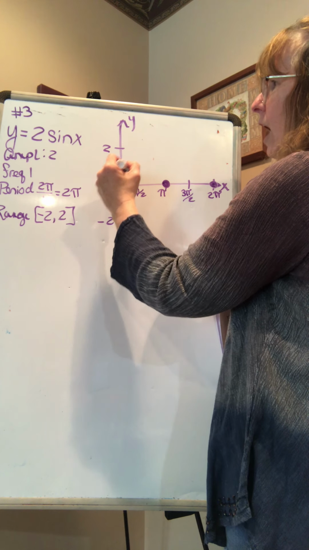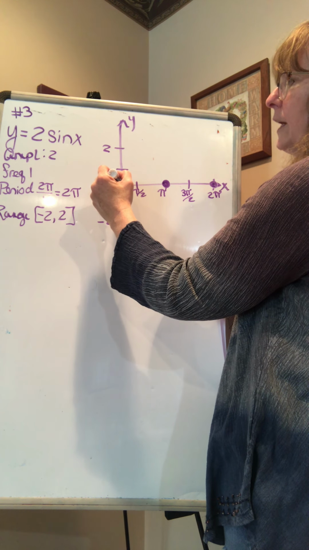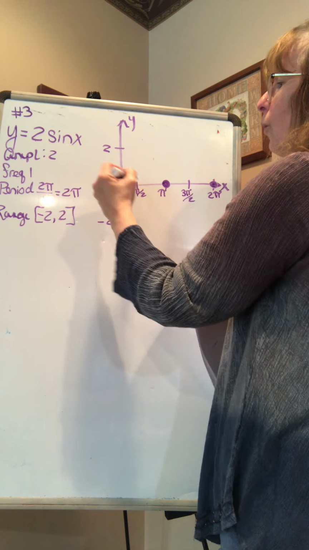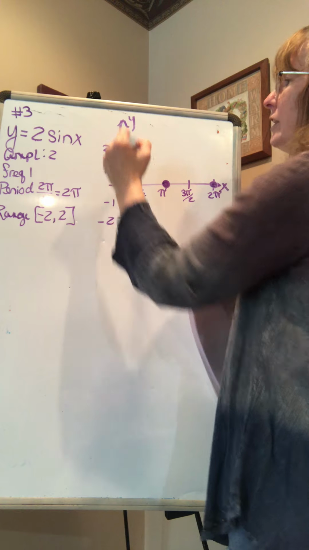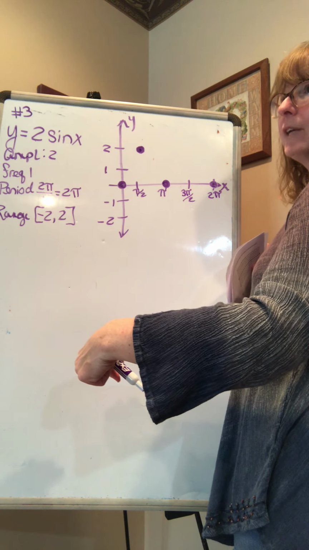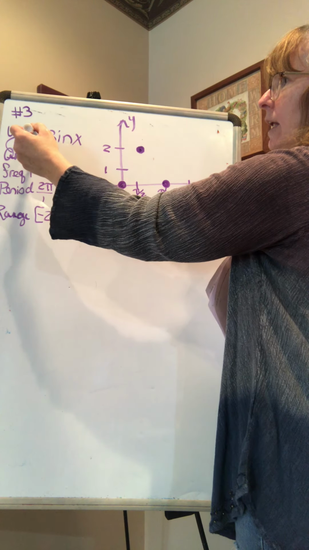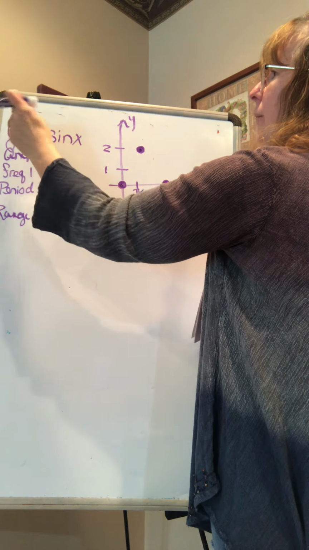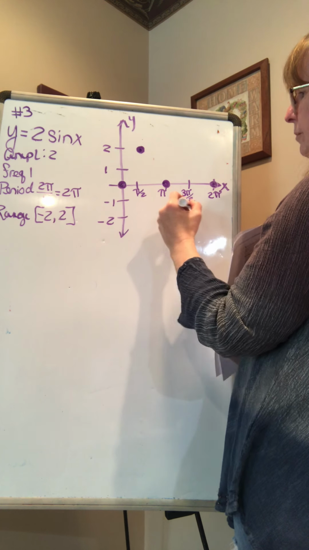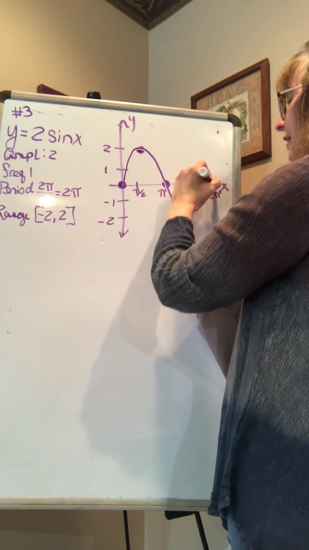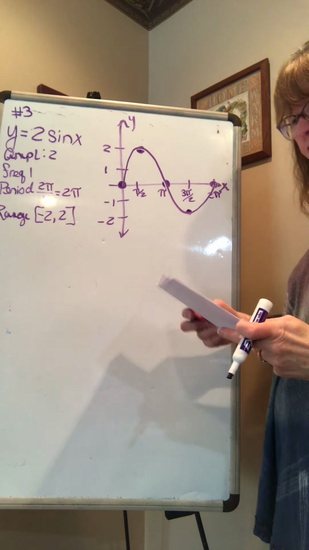Sine goes up to its highest point of 1 at 90 degrees, but now I have an amplitude of 2. 1 times 2, 90 degrees, I'm up at 2. At 270, I was at -1 on the unit circle. And so -2 times that -1 brings me to -2 on my graph, and here is my first sine graph.